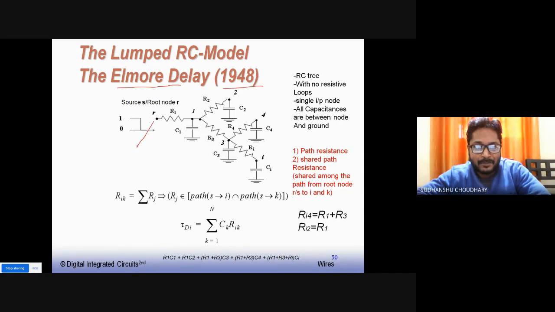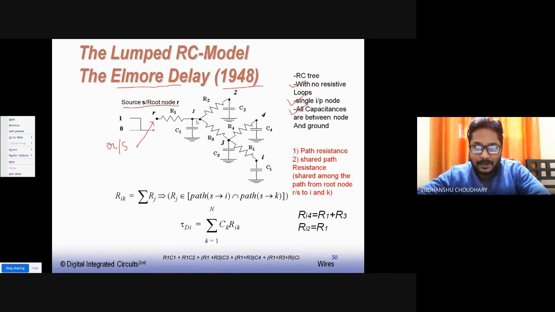This is my input node, root node we call it, or source node. So the Elmore delay is only applicable to circuits which have no resistive loops and only a single input node, and all capacitances are between node and ground.